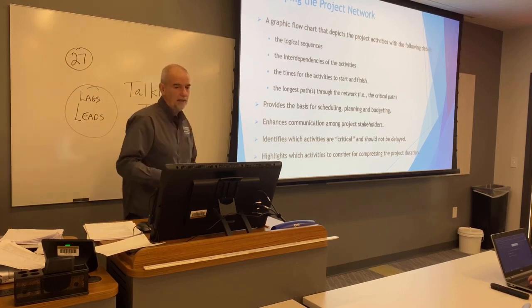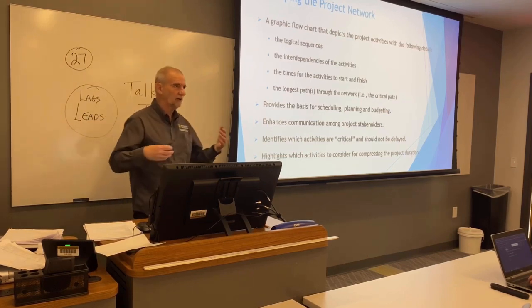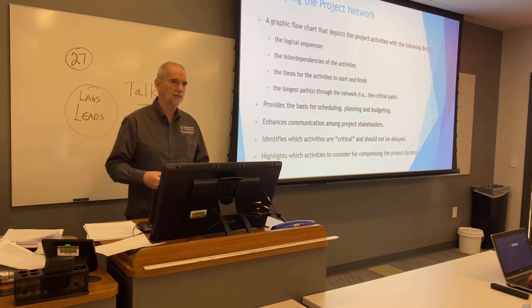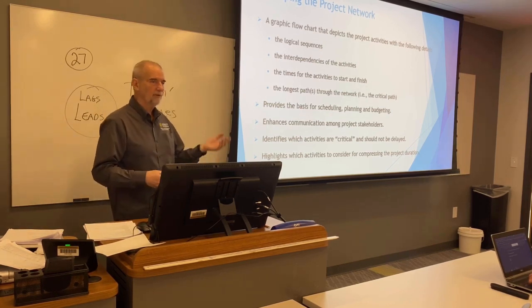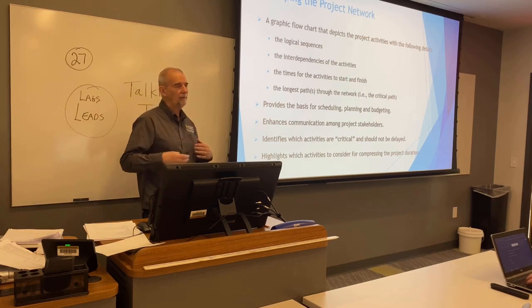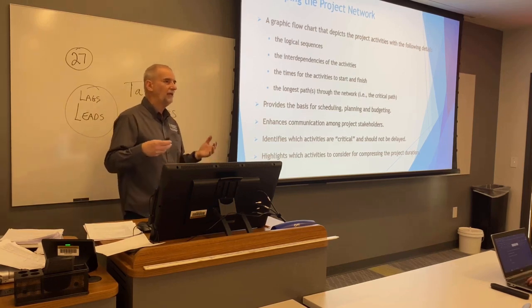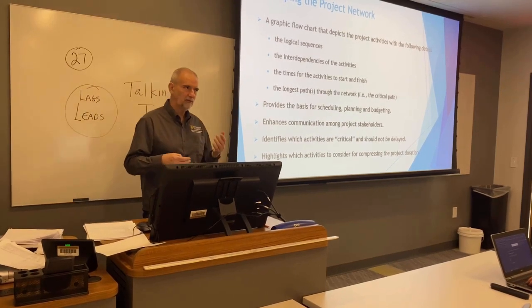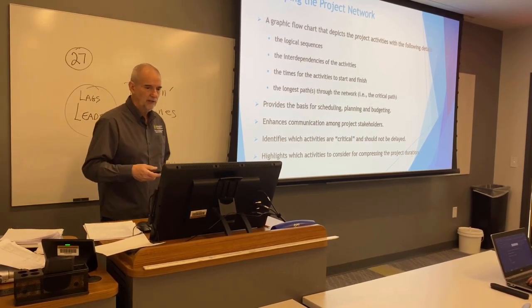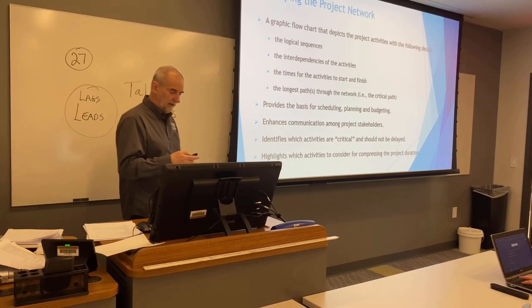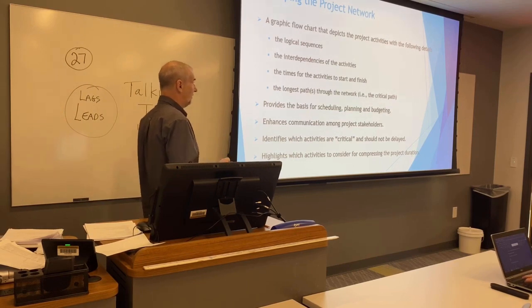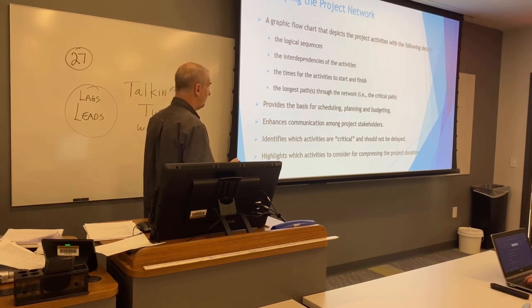So what is a network? It's a graphical flow chart. If you like making flow charts for any courses you've had, maybe computer programming or anything where you have to make diagrams, you're going to love this, because that's the first thing you need to do. The diagram you create is logically developed. It shows how the different tasks or activities relate to each other.